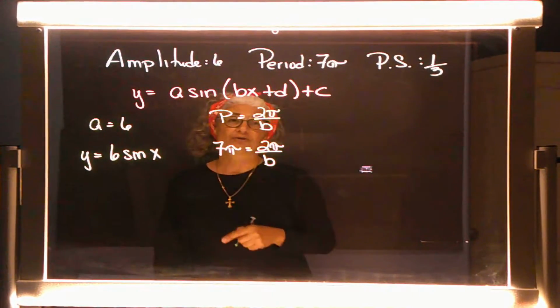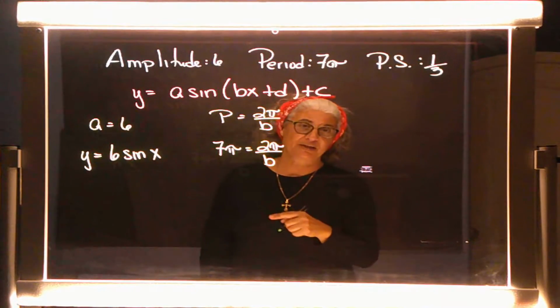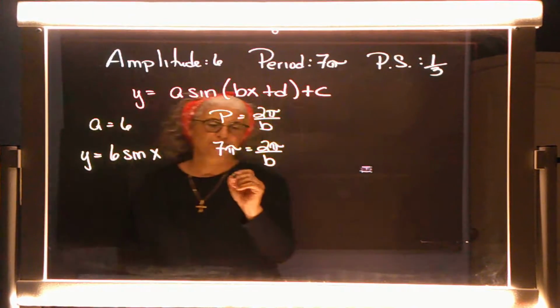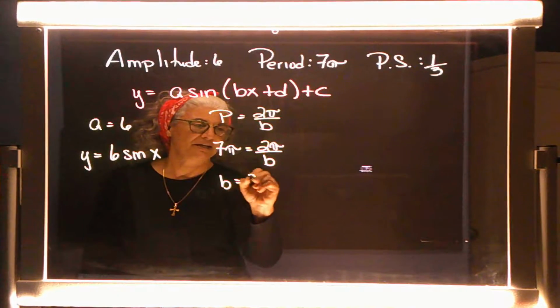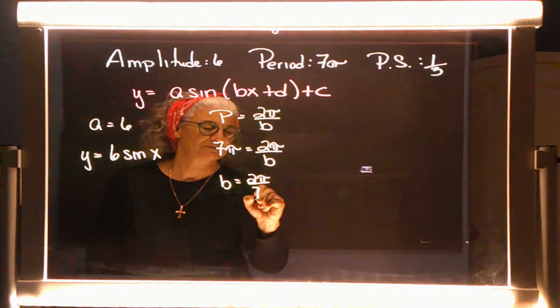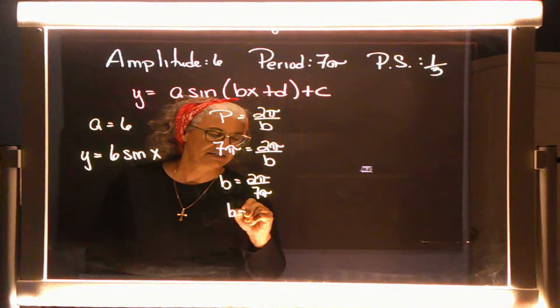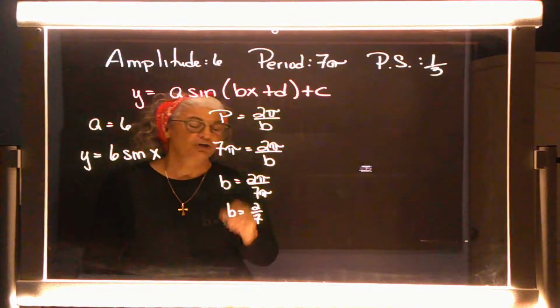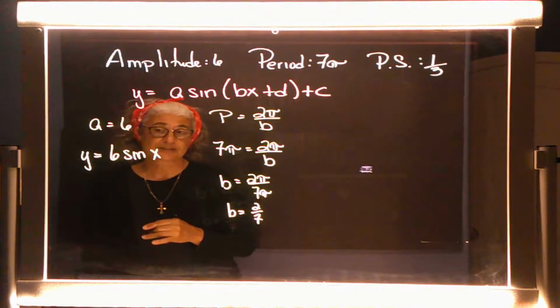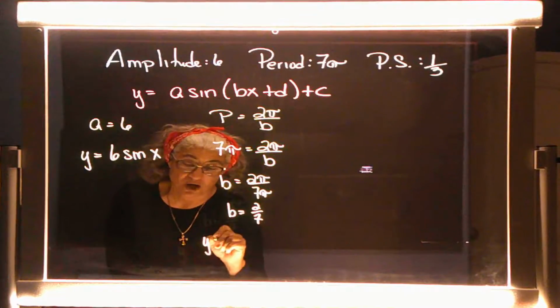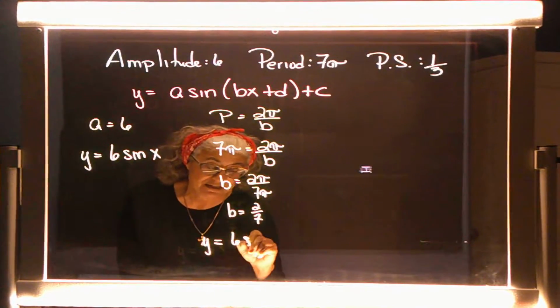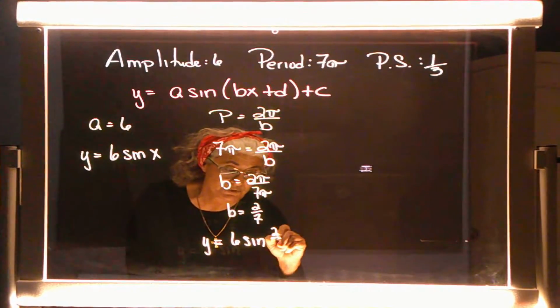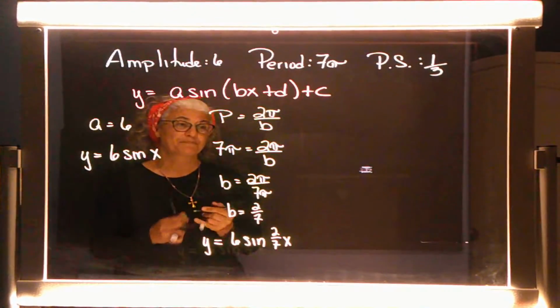That's supposed to be the coefficient of x. Yes, we can. So you guys work on your algebra. I'll work on my algebra. And it looks like b is equal to 2/7, which means my equation is now expanding. It is going to be y equals 6 sine of 2/7 x. Got it?